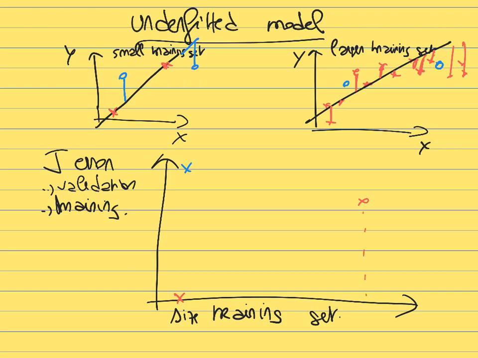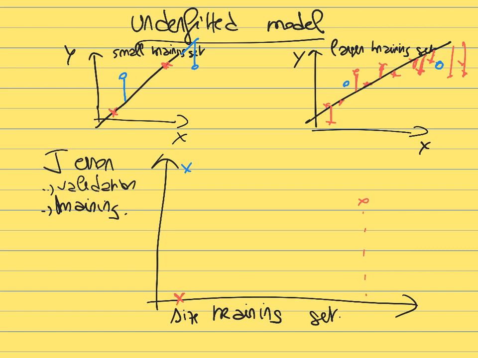You will make a large error for the training set because the model will not be complex enough to interpolate the training set. It's not going to be able to go through the points of the training set because it's just too simple. It's not complex enough to represent the complex relationship between input and output. So now your curve for the error of the training set will look like this.